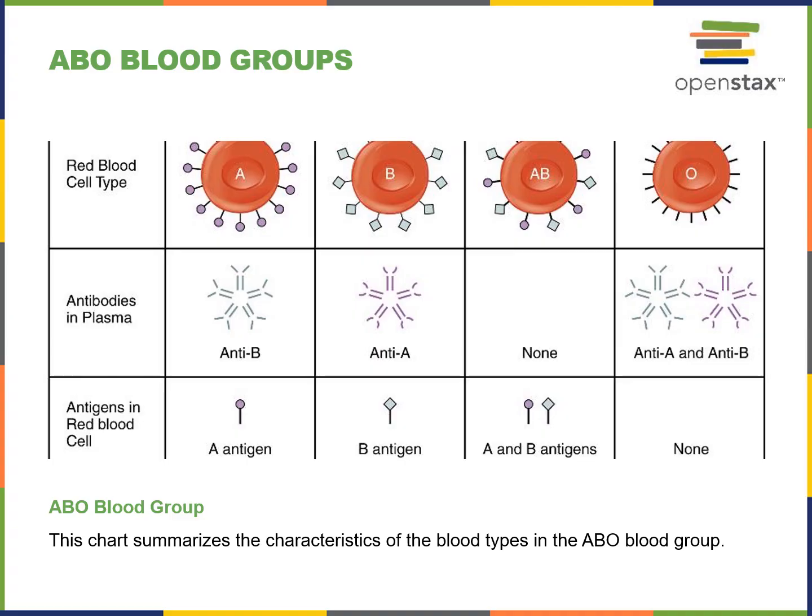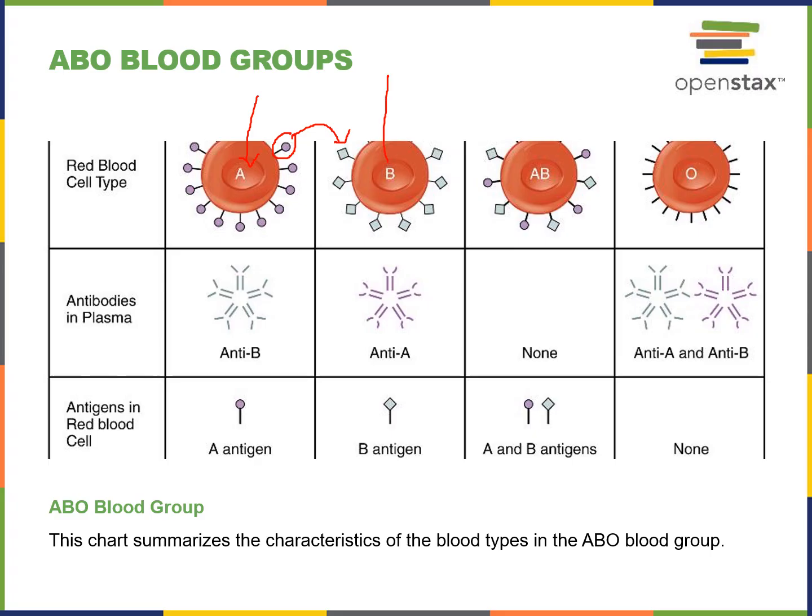And so here on the slide, this image is meant to show, for example, a red blood cell from somebody who is in blood group A. And so this is meant to represent the A antigen. And you see the A antigen has a different shape or a different structure from the B antigen.